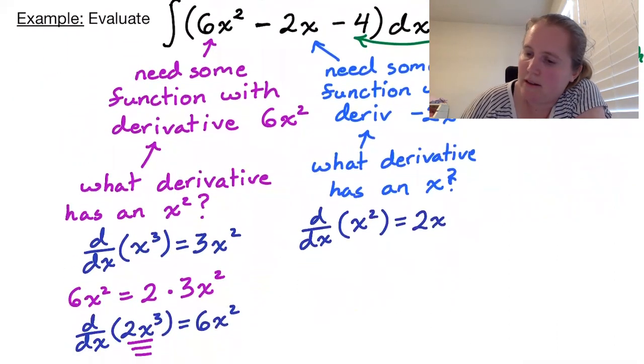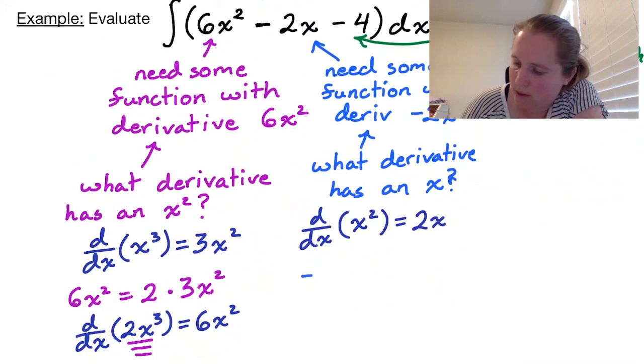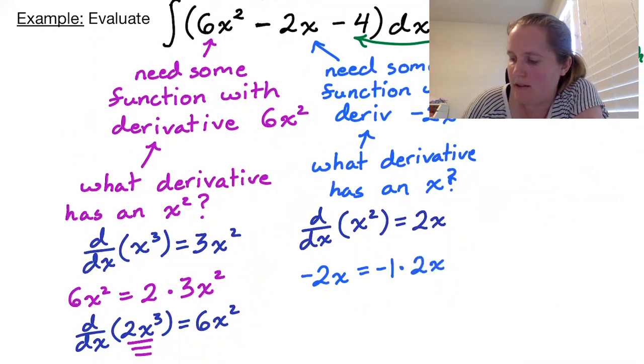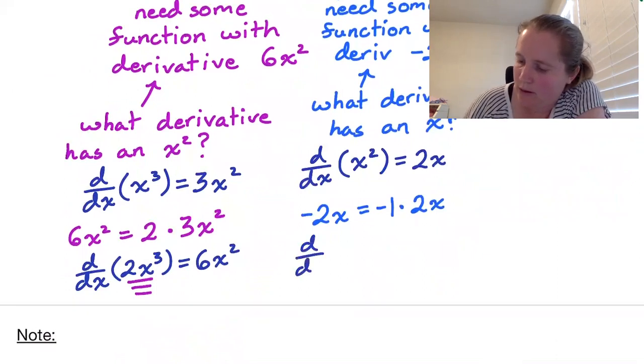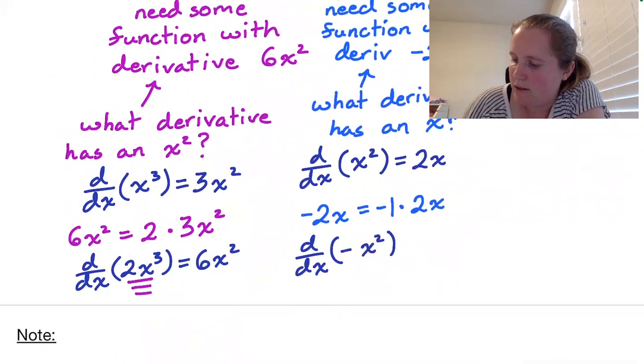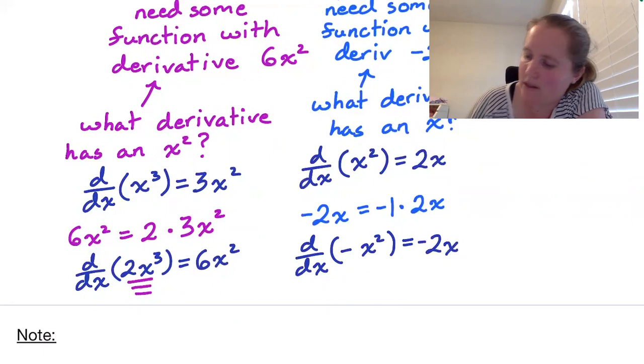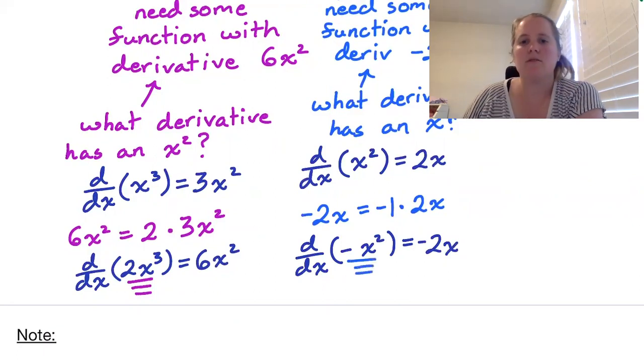And -2x is just -1 times 2x. So the derivative of -x squared should be -2x. And so the piece that we're interested in here is -x squared. That will give us our -2x.